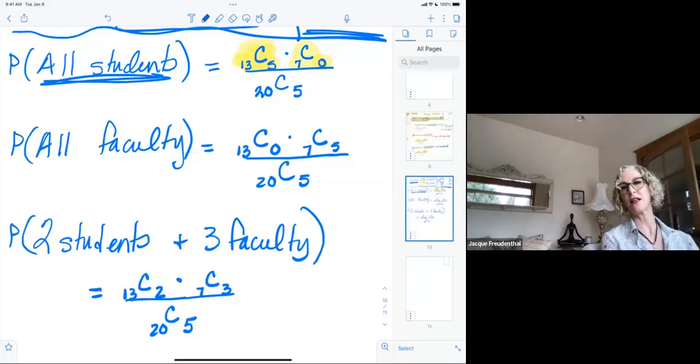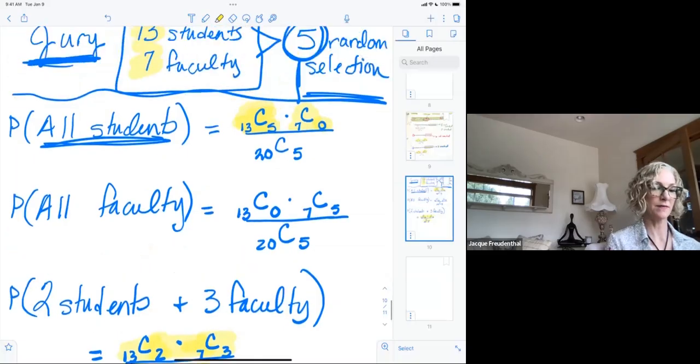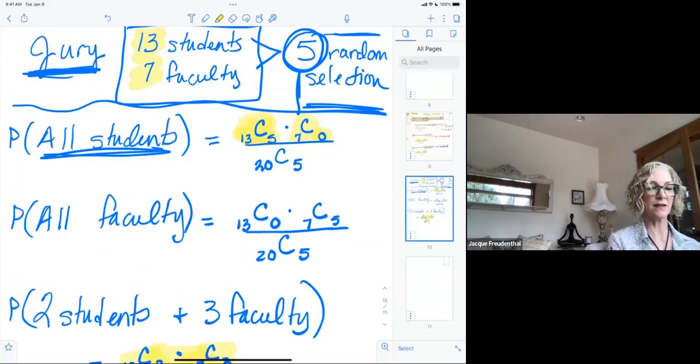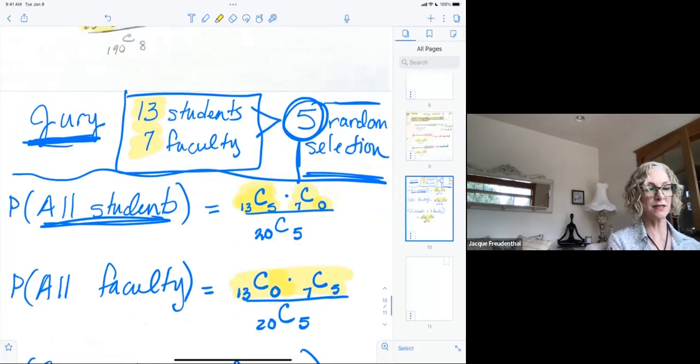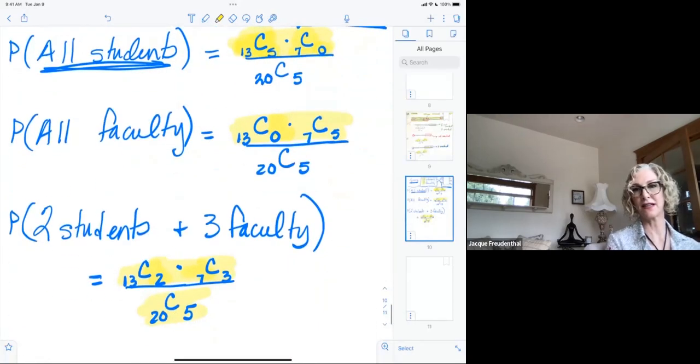So 2 students and 3 faculty. 2 out of the 13 for the students, 3 out of the 7 for faculty, out of the total. It's a multiplication in the numerator. For all faculty, 0 students and 5 out of the faculty. For all students, all 5 out of the students and 0 out of the faculty. I'm going to come back to how to calculate that in a minute.